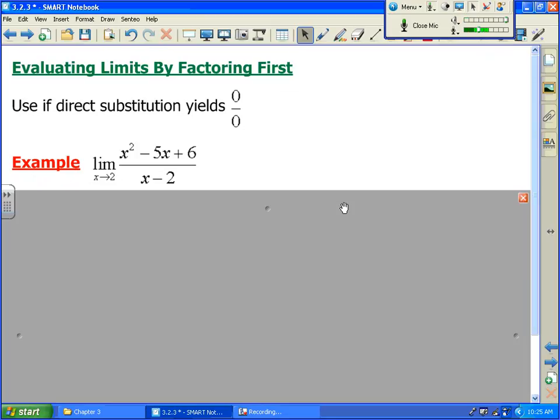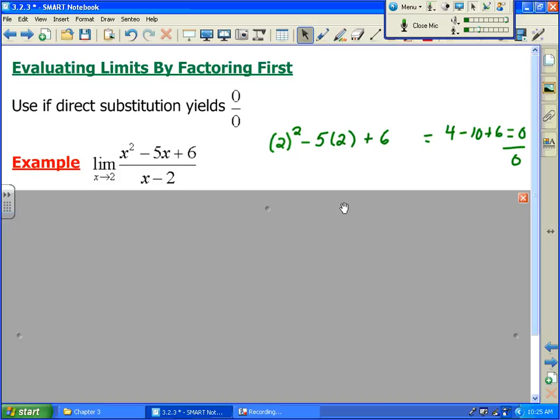Now, if I plug in 2 by direct substitution, I am going to get 0 in my numerator. Just to prove that, x squared, so I've got 2 squared minus... 0 in my numerator, and quickly on the bottom, you'll get 0 as well.